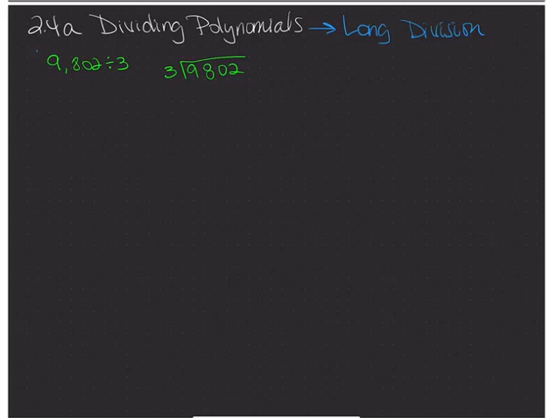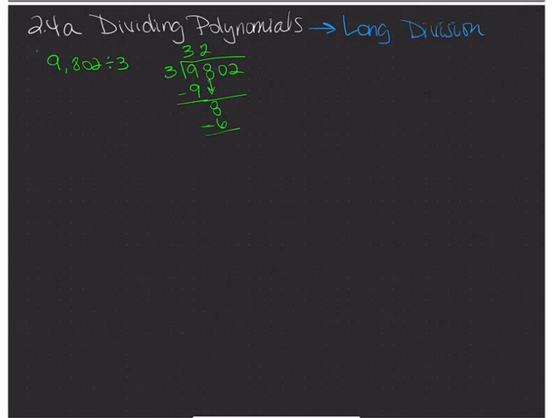And then we went through 3 goes into 9 how many times? 3. 3 times 3 is 9, and then we're going to subtract those. And then we're going to drop down the 8. 3 goes into 8 twice. 2 times 3 is 6. We're going to subtract those.